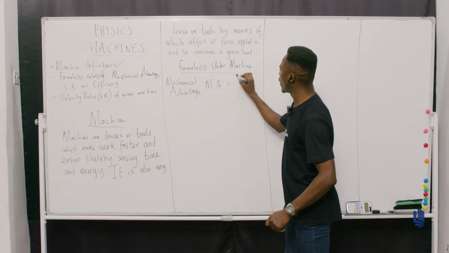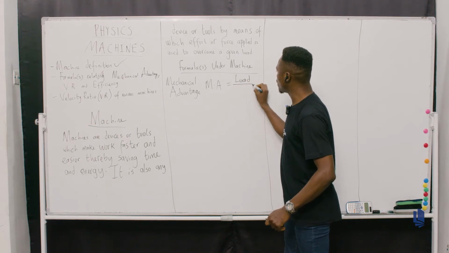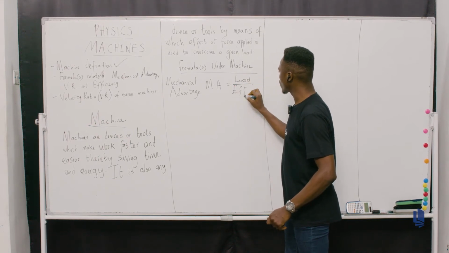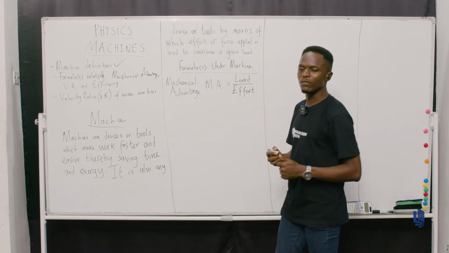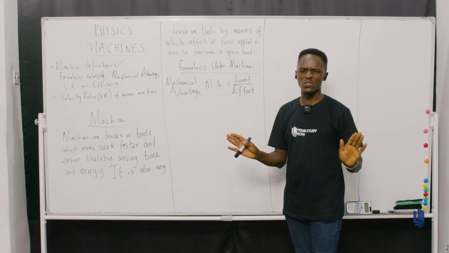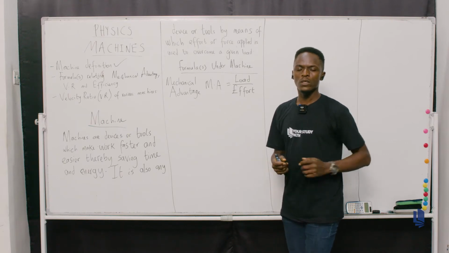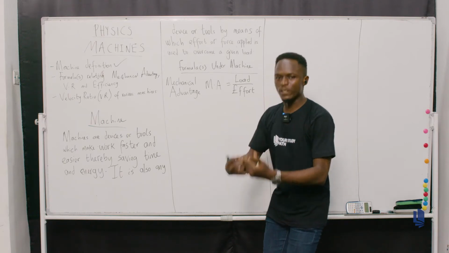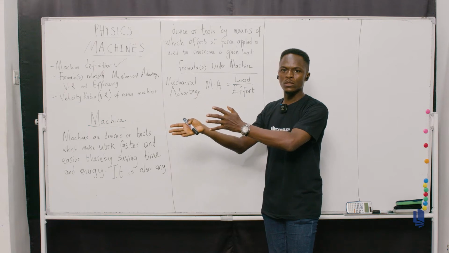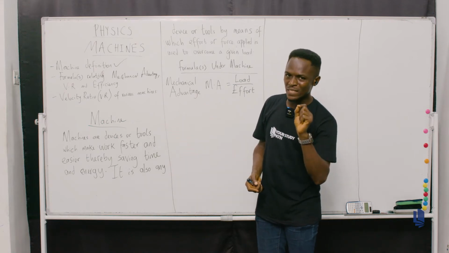And what is the formula? Load divided by effort. That settles the score under this part. Load divided by effort. You put in effort, it overcomes a given load. So please, let me clear this.